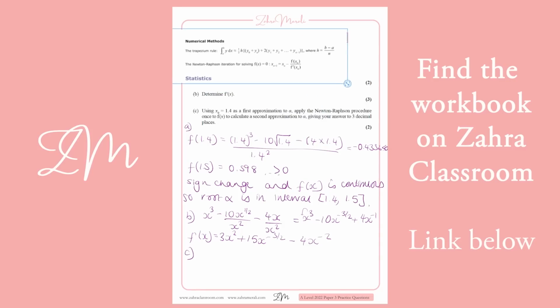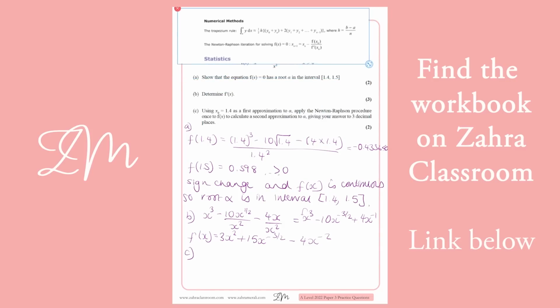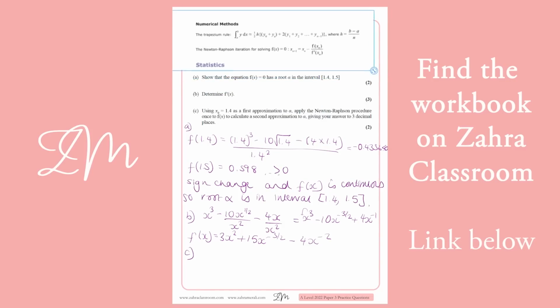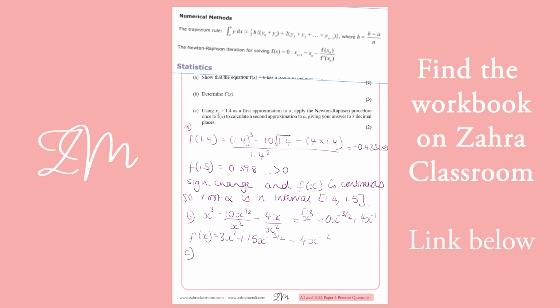Under numerical methods you've got Newton-Raphson's, and as you can see there you've got your first x n plus 1, so let's rewrite it down here so we have it. x n plus 1 equals x n minus f of x n over f dash of x n.